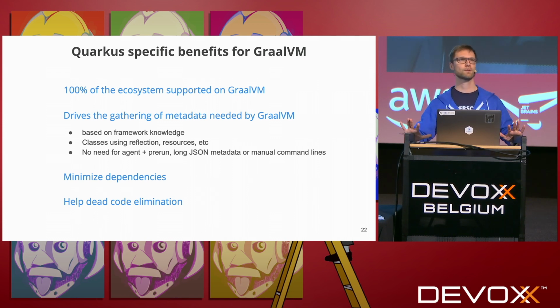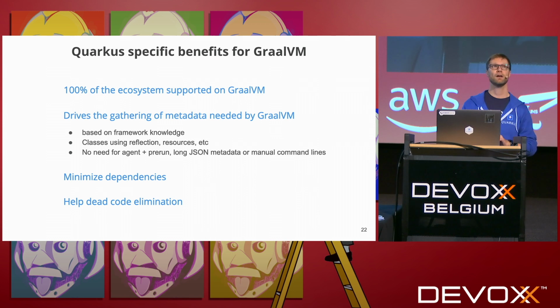First of all, every single area we have in our ecosystem, every single framework is actually supported on GraalVM. It runs, which is a lot of work, but that's really the thing we bring to the table.